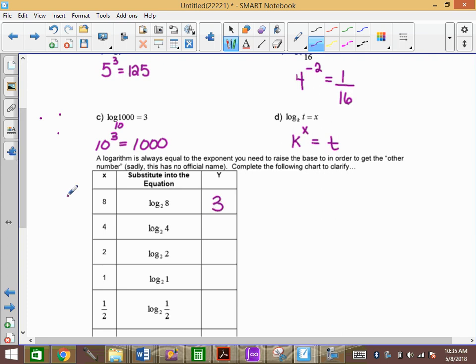Then log base 2 of 4. It's 2. Log base 2 of 2. 1. Then 0. Then -1.